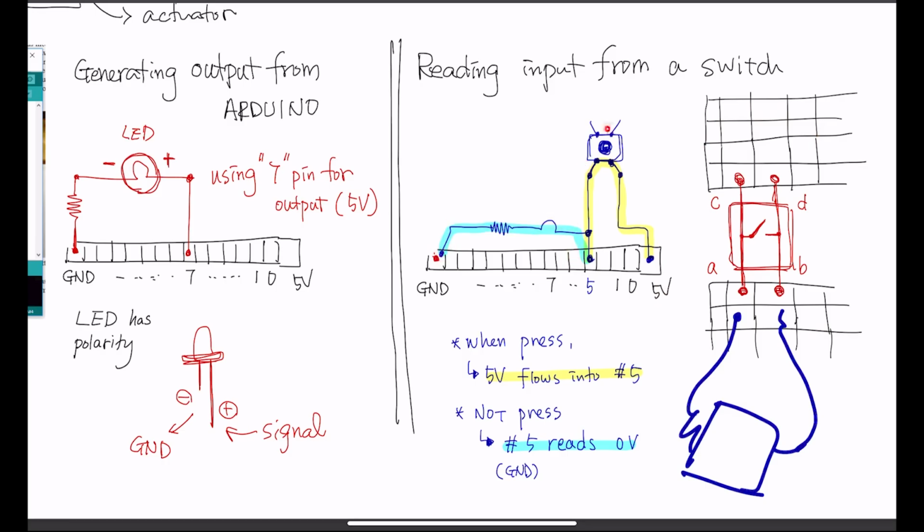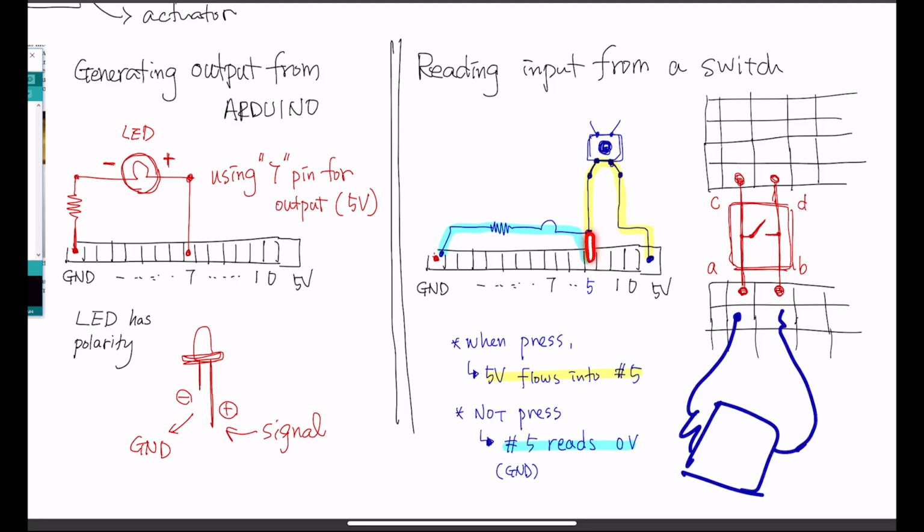When you press this button down, that means here and there are going to be interconnected like this, you see? So we have a closed circuit like that. One more time, if we press this down, then from here to there, they are going to be connected.